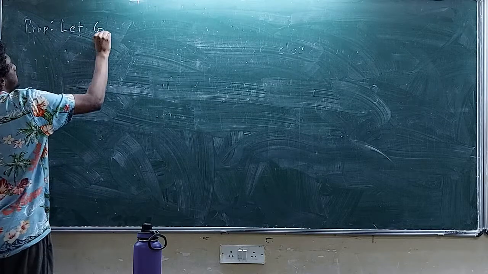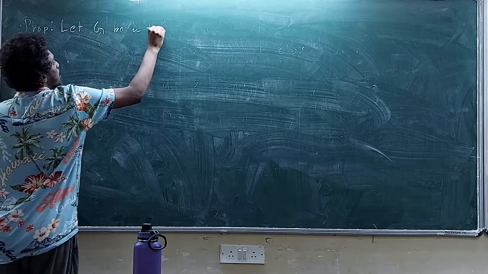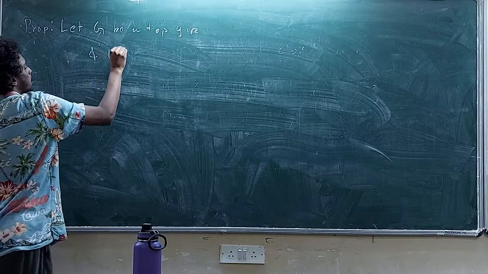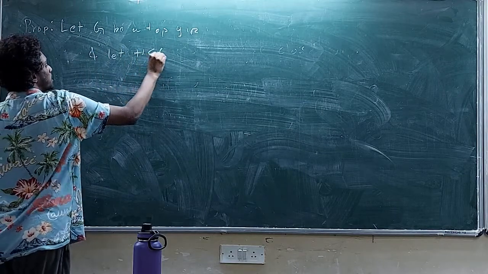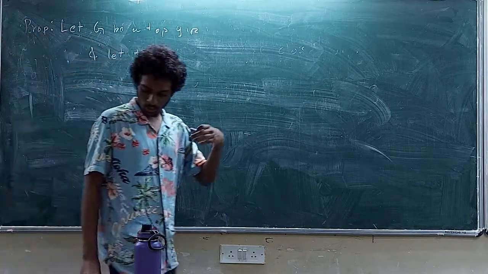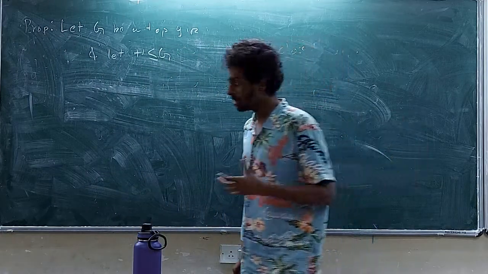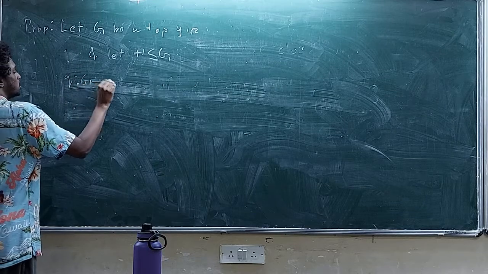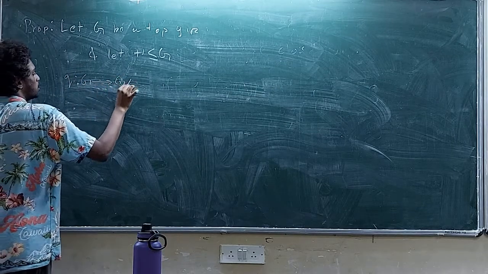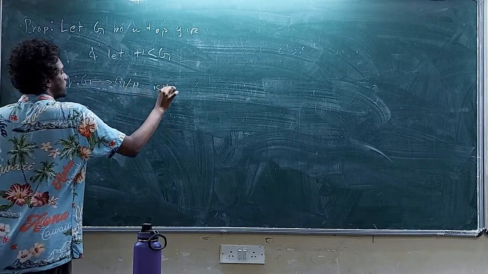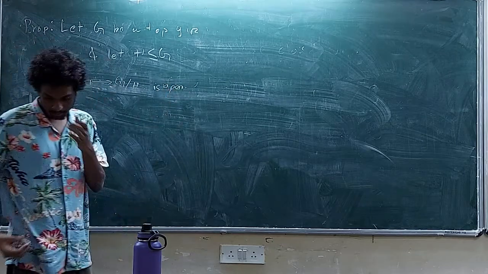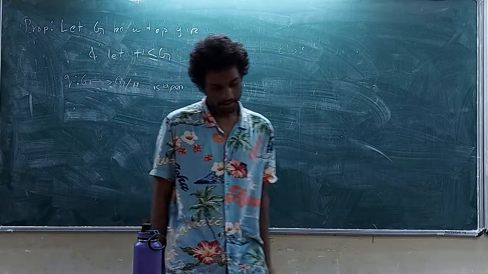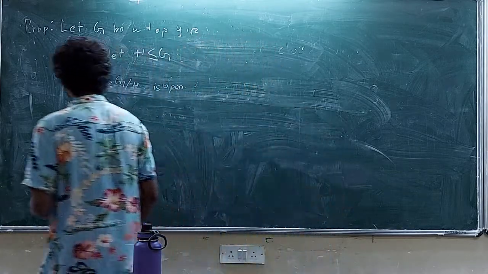Let G be a topological group, and let H be a subgroup of G. So when is this quotient map Q from G to G by H open? The quotient map will be open.